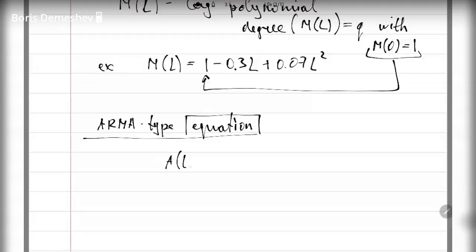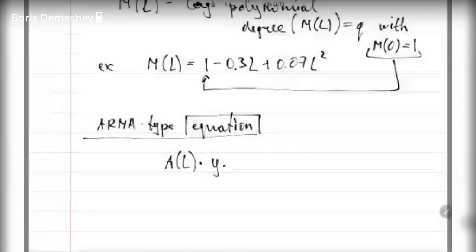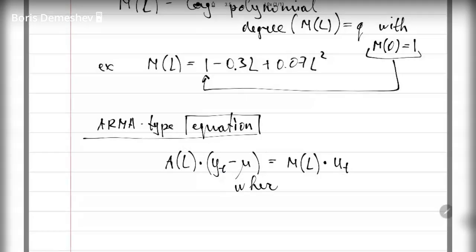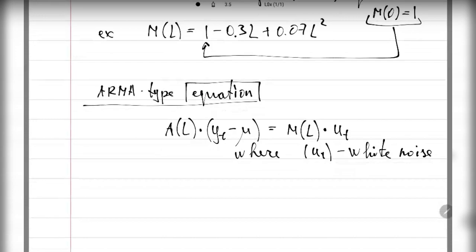A of L multiplied by YT minus mu is equal to M of L multiplied by UT, where UT is a white noise. And as you see, obviously, that's an equation. You have a left-hand side, you have a right-hand side. Yeah, okay.